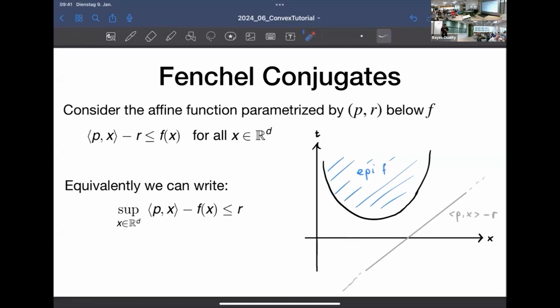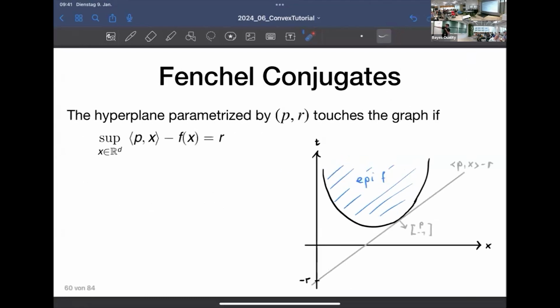And then if my linear function touches the graph, it must hold with equality, because at some point, if it touches, then for some x there must be equality. So the supremum of p, x minus f of x equals r. So they are connected.